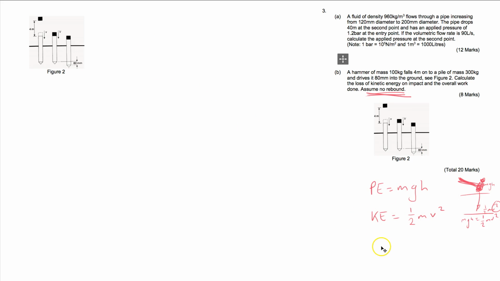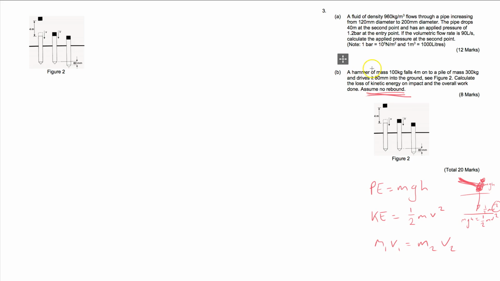I neglected to put in conservation of momentum, mass times velocity 1 equals mass times velocity 2. Similar to the continuity equation, actually: A1v1 equals A2v2. You might say it's quite similar. In retrospect, I see why they've grouped this with the fluid question.